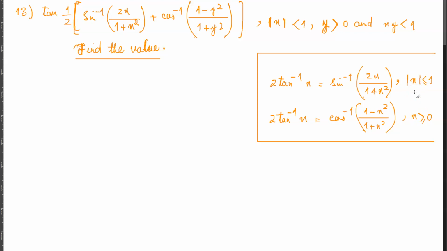But at the end of the day, if I assume that this domain is accurate on this inverse trigonometric identity, then I can actually use it here in order to write it as, for example, 2 tan inverse of x and 2 tan inverse of y here, because here we are talking only about x's where the absolute value of x is less than 1, and here we are talking only about y's where y is greater than 0.